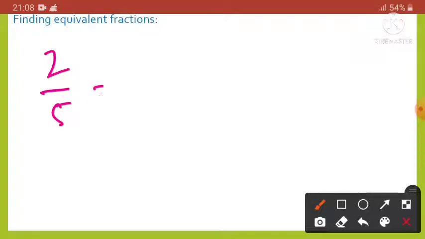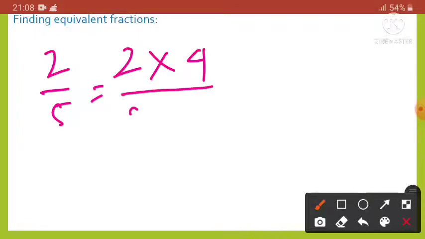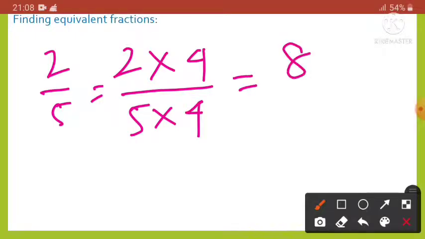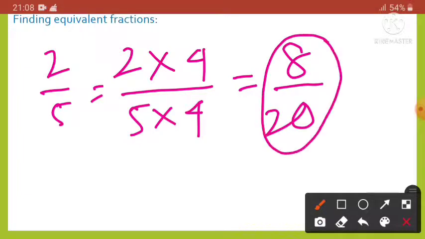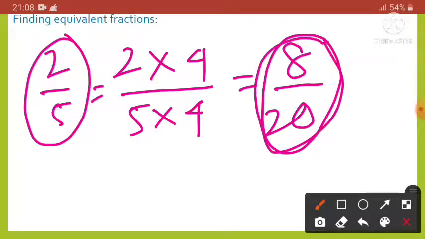Suppose we are multiplying numerator and denominator by the same number, 4. So we are getting 8 by 20. Okay, so we can see that the value does not change but the expression changes. That means 2 by 5 is the equivalent fraction of 8 by 20.